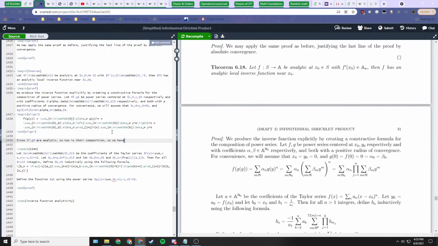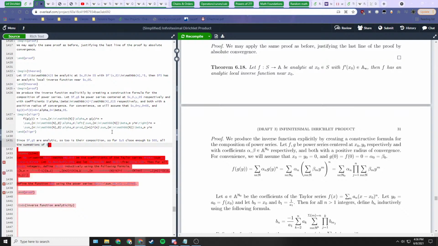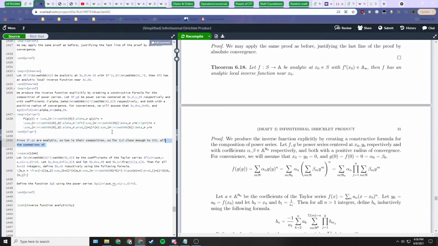Actually, we can say, for y close enough to 0, the summation of beta m y power m will converge absolutely.